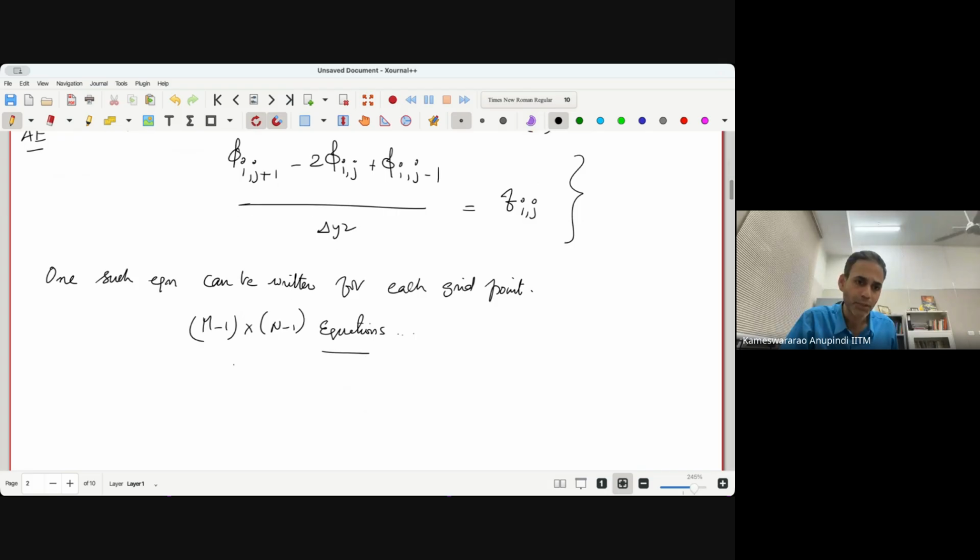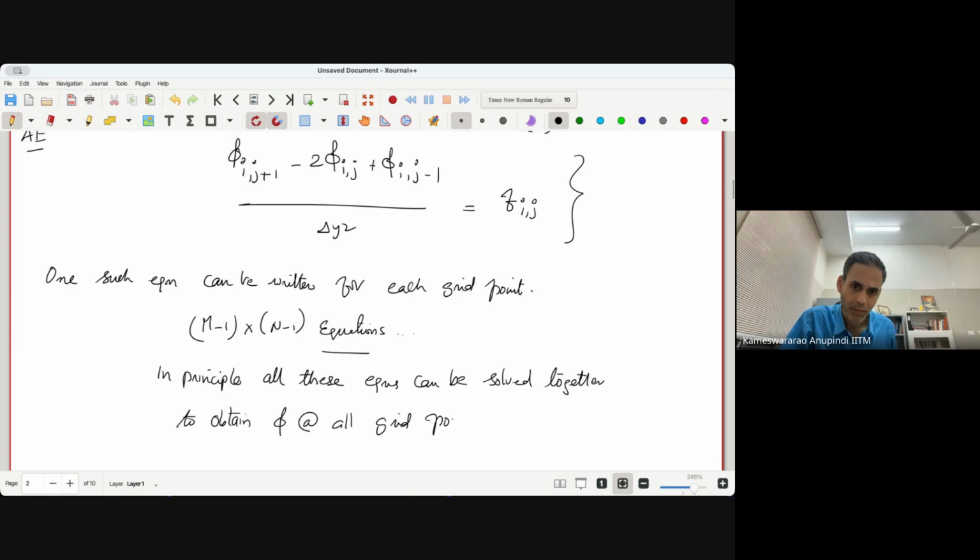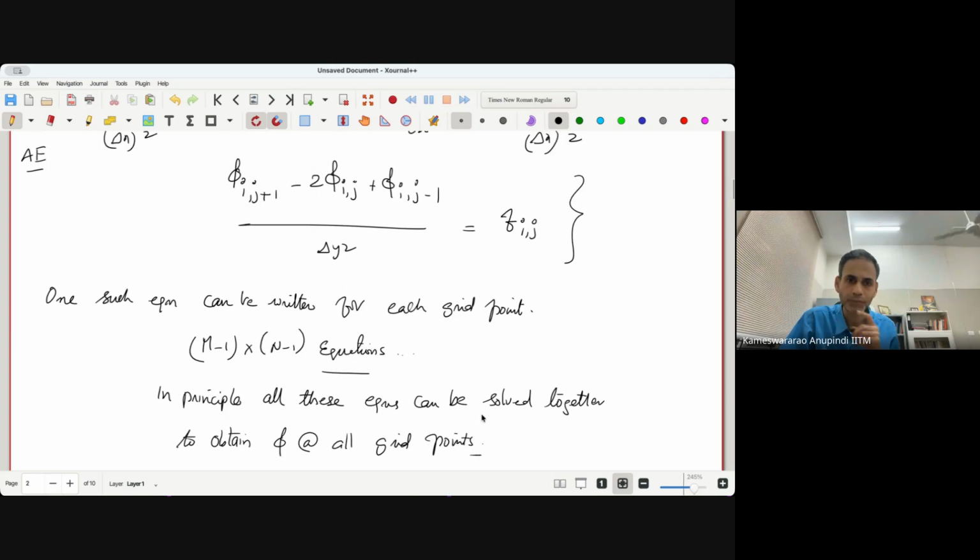So in principle, all these equations can be solved together to obtain phi at all grid points. So that is what we can do.